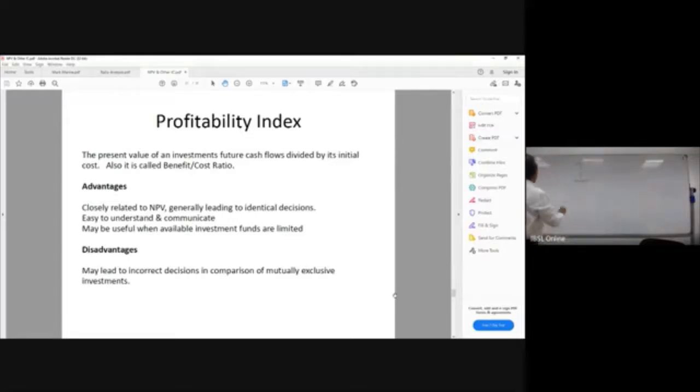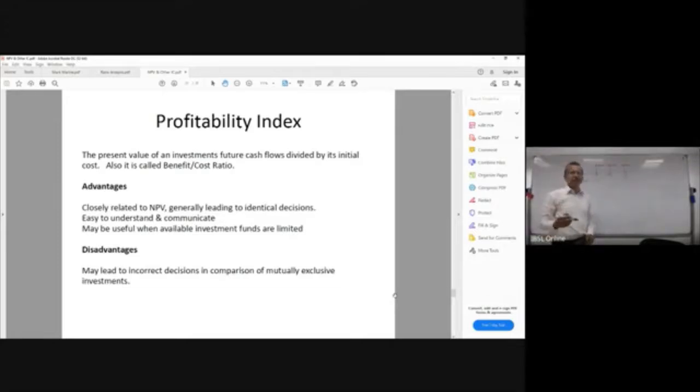And then we have cash flows in years 1, 2, 3. We say 40,000, 40,000, and 30,000. So what profitability index is, we bring these three to present value.